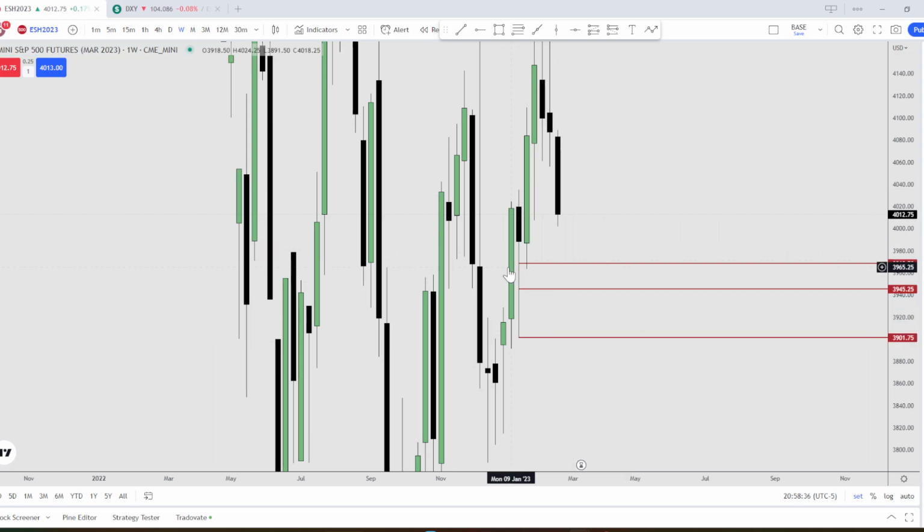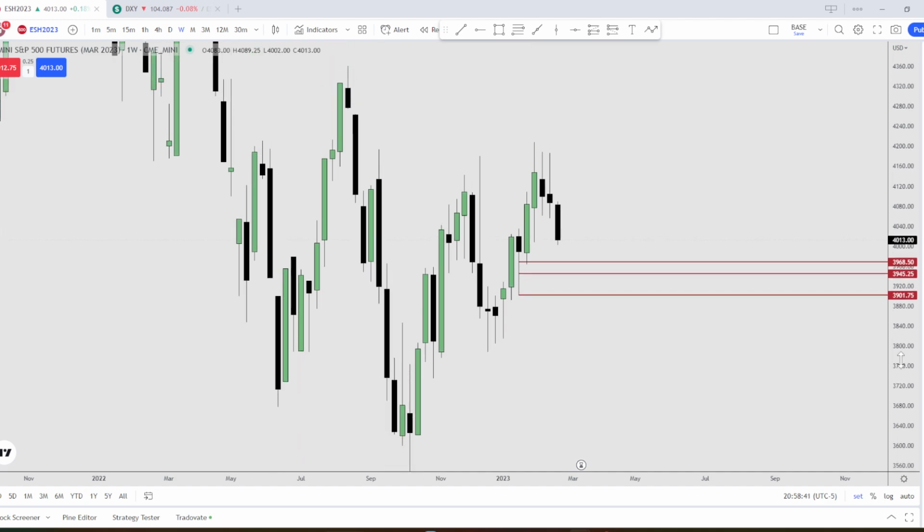Yep, so these will be the three levels I will be looking at. This will be the mean threshold of this entire order block. This would be the consequent encroachment of the weekly wick, and this would be the sell side of the weekly. So 3901, 3945, 3968.